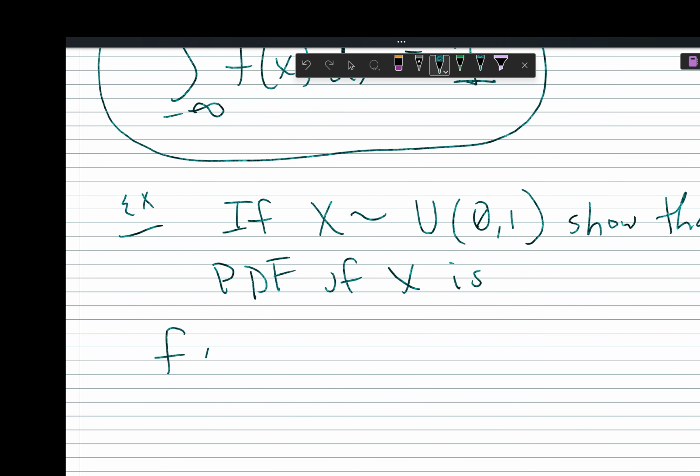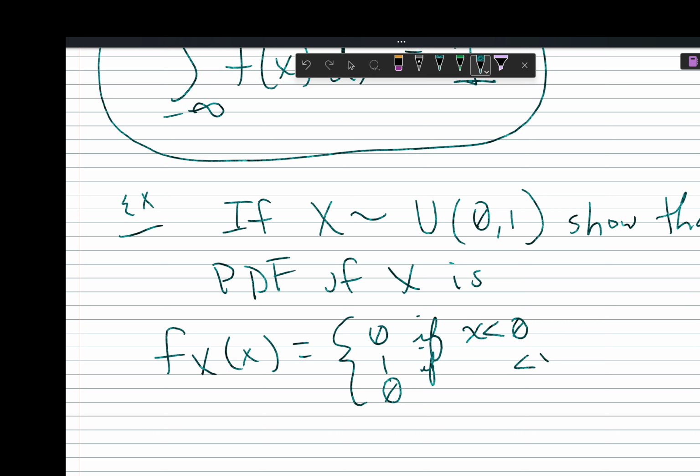We have f(x) equal to 0 if x is less than 0, 1 if x is between 0 and 1, and 0 if x is greater than 1.